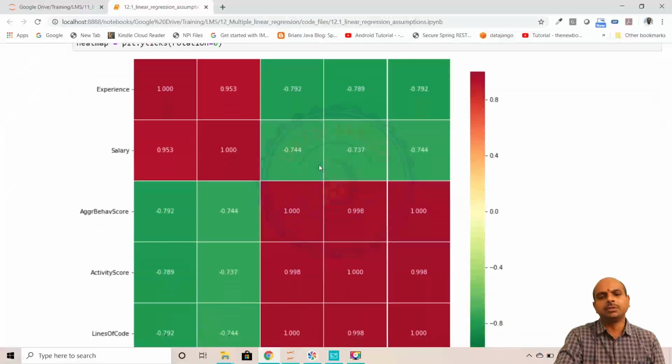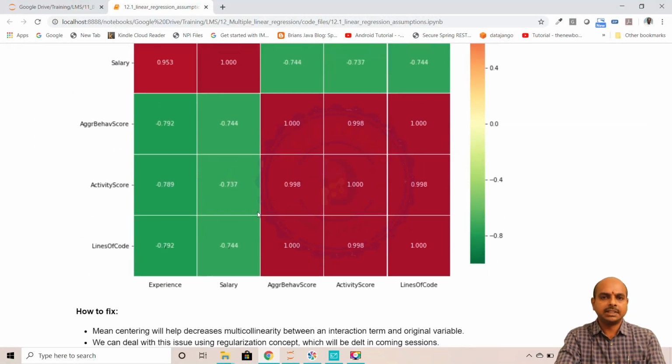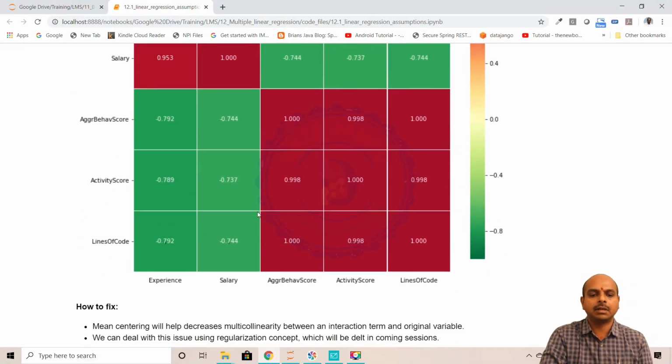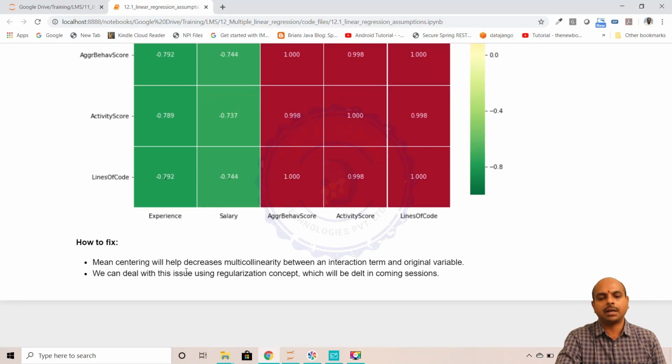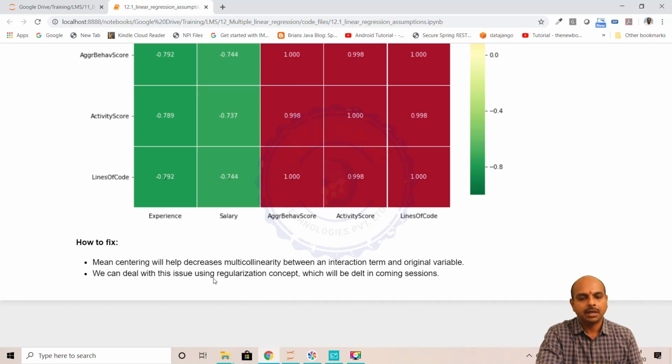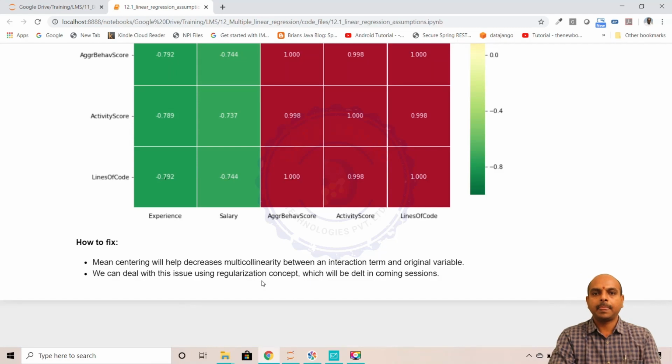Generally, we can use this correlation heat map to understand whether multicollinearity is present or not. Dimensionality reduction techniques like PCA can solve the problem. Regularization is also another technique, which tries to nullify the coefficients: it makes coefficients 0 for the ones which are not important or have the same kind of effect on the target variable. We'll see these techniques in coming classes.